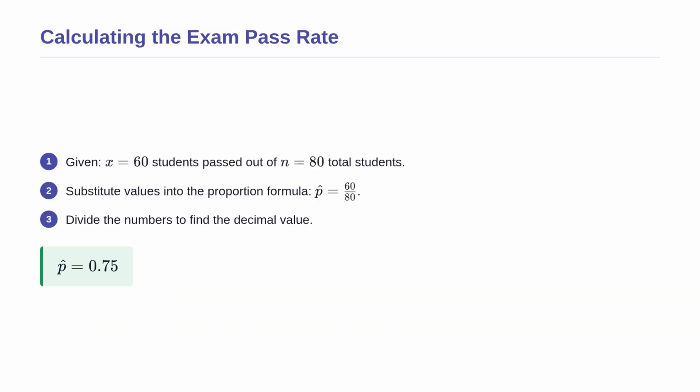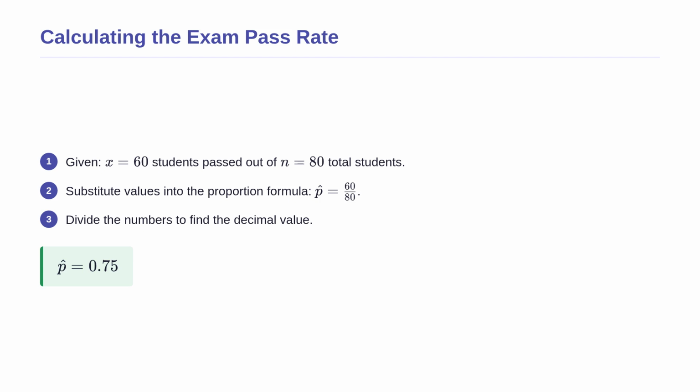Let us see this descriptive formula in action. We are given that out of a total class of 80 students, 60 students achieved a passing grade. We substitute our known values directly into the proportion formula. We replace x with 60, representing the successful students, and we replace n with 80, representing the total students in the room.